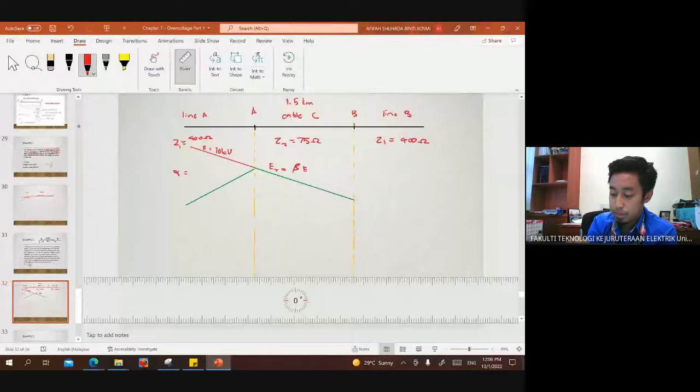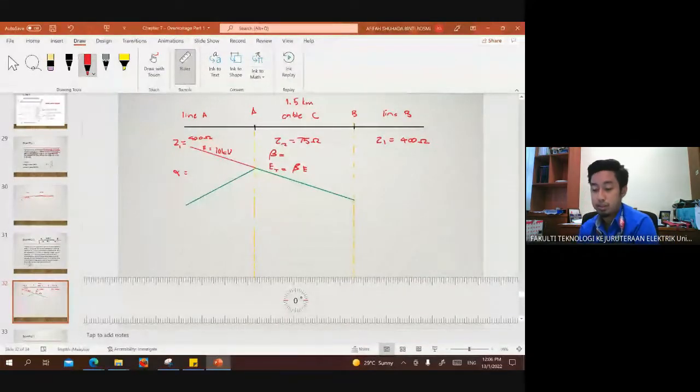Okay, ingat balik equation beta berapa? 2Z2 over Z1 plus Z2.